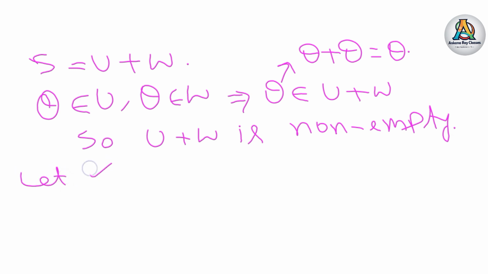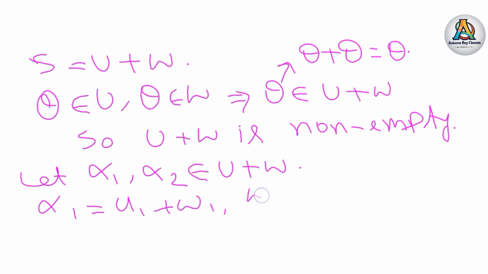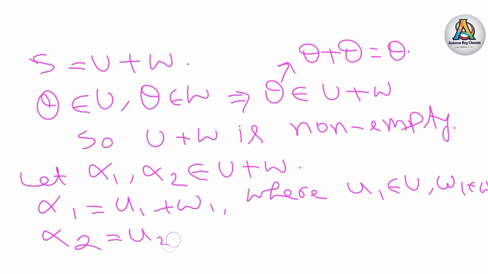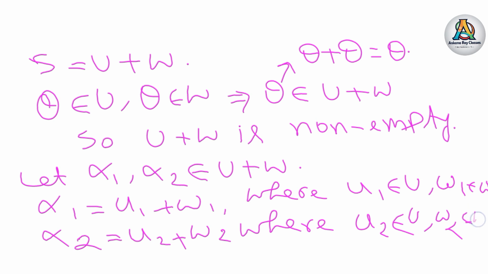Now let alpha 1 and alpha 2 belong to U plus W. So alpha 1 is equal to u1 plus w1, for some u1 belonging to capital U and w1 belonging to capital W. Similarly, alpha 2 is equal to u2 plus w2, where u2 belongs to capital U and w2 belongs to capital W. We have to prove that alpha 1 plus alpha 2 belongs to U plus W. So alpha 1 plus alpha 2 is equal to u1 plus w1 plus u2 plus w2.